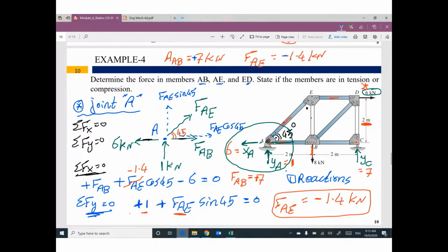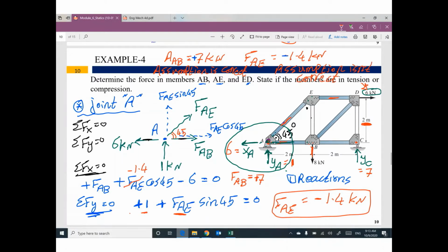Do you remember? Positive value means assumption is correct. Negative value means your assumption is not correct.